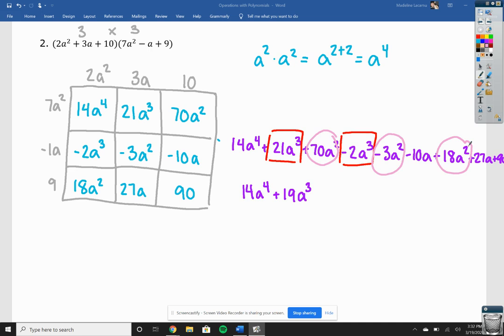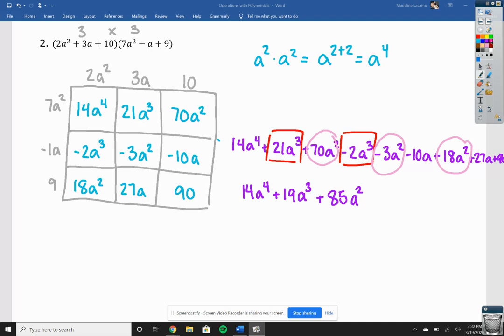That's going to give us 85. So down here, it's going to be plus 85a squared.